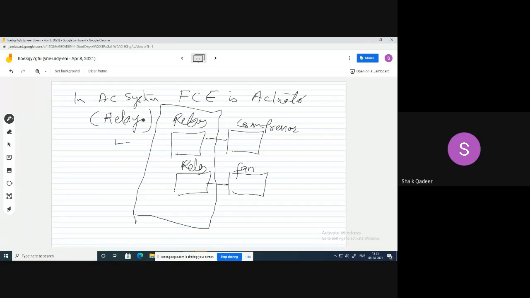If the observed input to the final control element is negative, then both relays get energized. If the observed value is positive, only one relay gets energized. Hope you understand now.